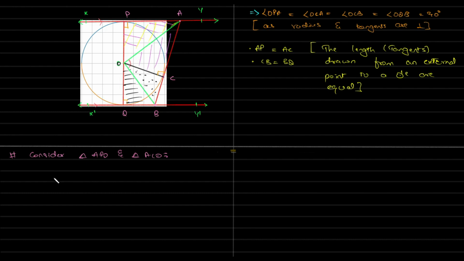We already know that angle OPA is equal to angle OCA, which is equal to 90 degrees. OA is common, and we have OP equal to OC, which is the radius. Therefore, by RHS congruency, triangle OPA is congruent to triangle OCA.